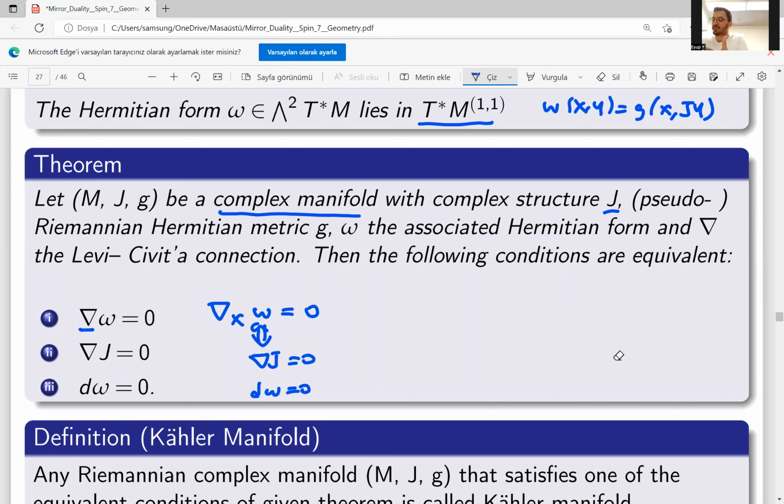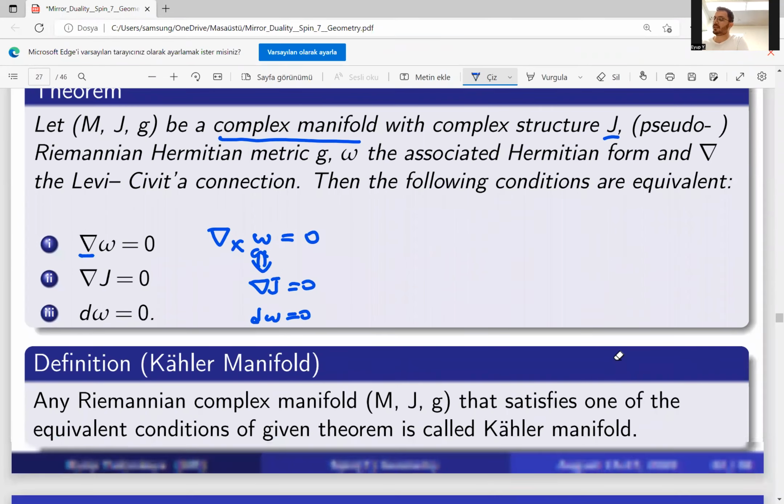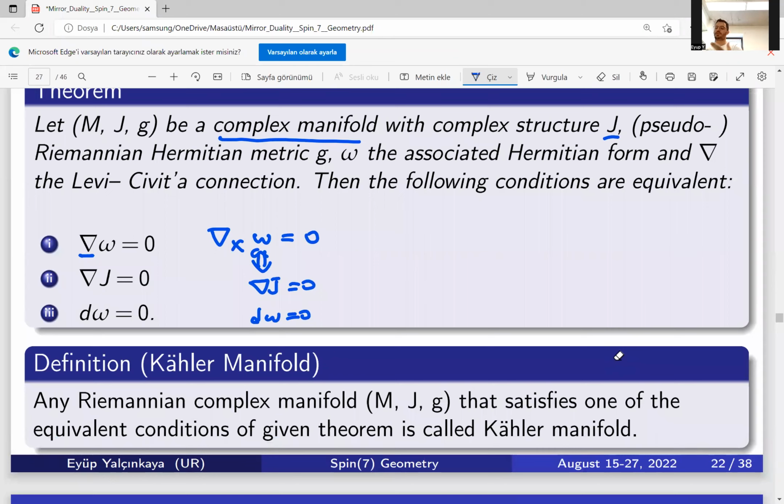And with this equivalence, if you have one of them, we can say that we are living in a Kähler manifold. So the Kähler manifold has a complex structure, but we also have to satisfy one of them: either the Kähler form, as these two-forms are named, has to be closed, or this nabla J has to be 0. This is a parallel J structure.